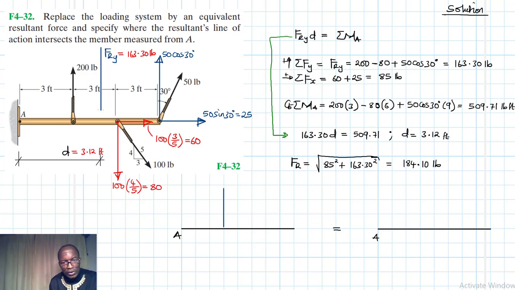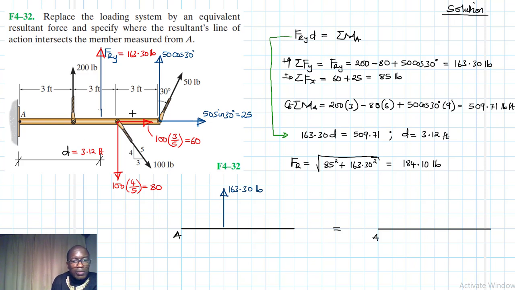I almost forgot. This direction has to change here. It is this time around facing up. Alright, so we have this resultant like so, and we calculated this to be equal to 163.30 pounds.